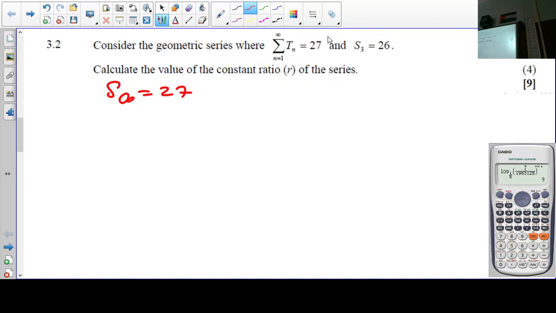There has to also be geometric, of course. Calculate the constant ratio R of the series. So we know that S infinity follows a formula. What's the formula? A over 1 minus R equals 27. Not so. But A is also equal to what? 27 into 1 minus R.